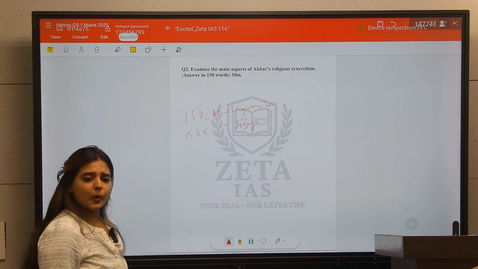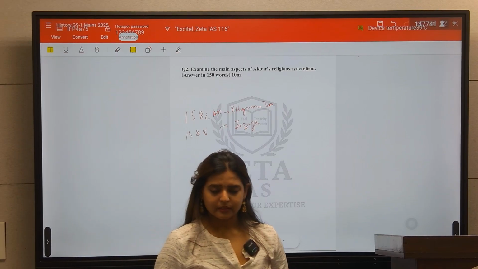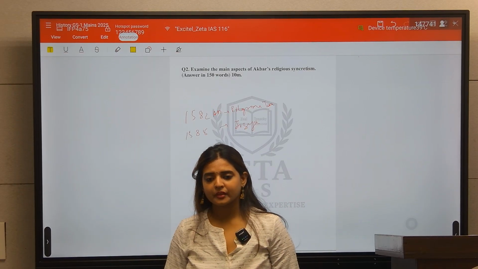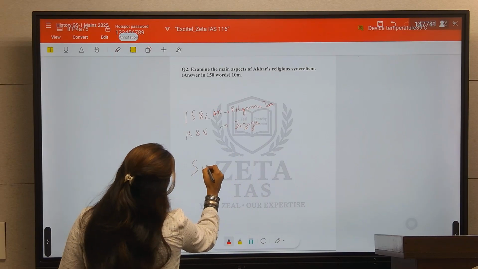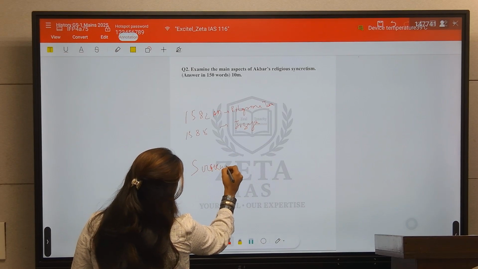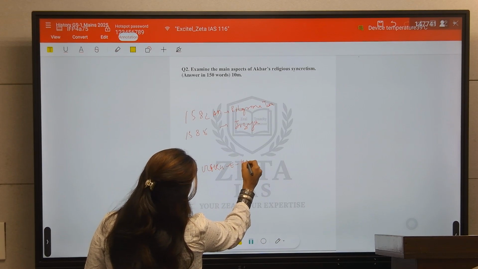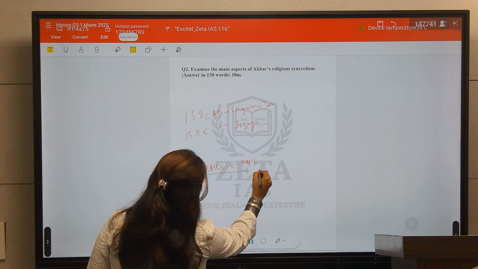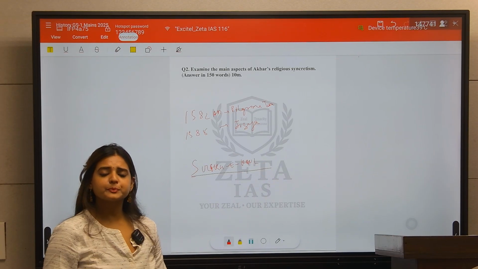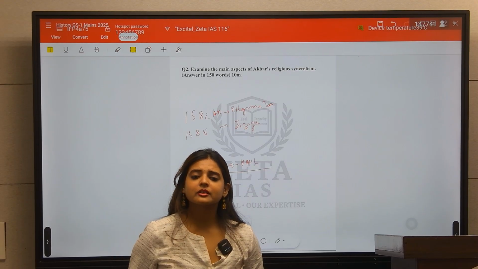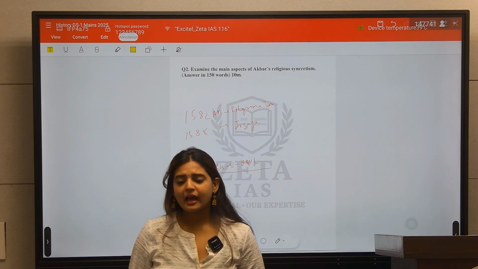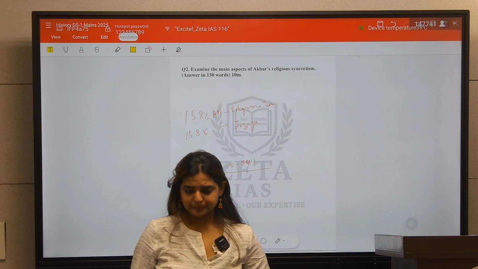He believed in the policy of Sulh-i-kul, that is the universal peace. He had respect for all the religions. He treated all the religions with equality, and he had faith in the truth.